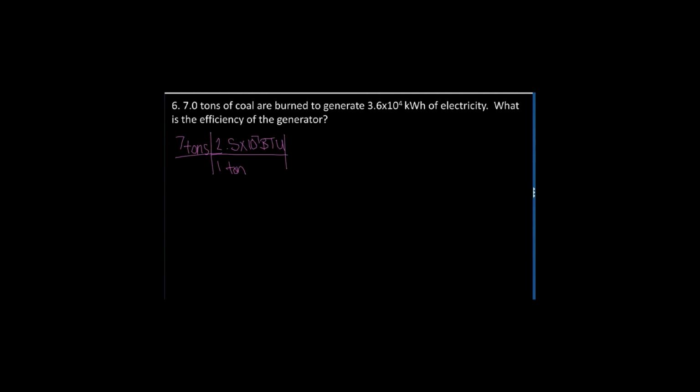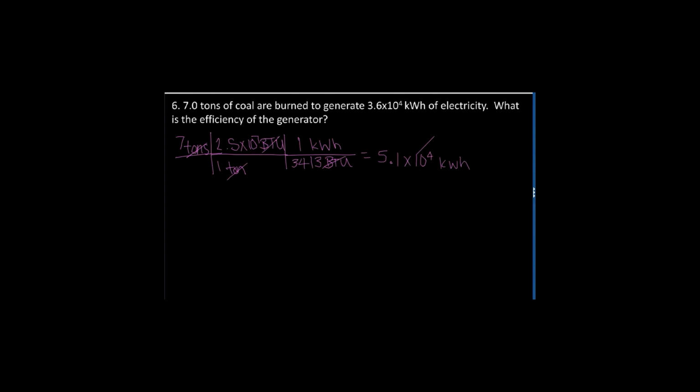And then 3413 BTUs is 1 kilowatt hour. Okay, so it's going to give us 5.1 times 10 to the 4 kilowatt hours.